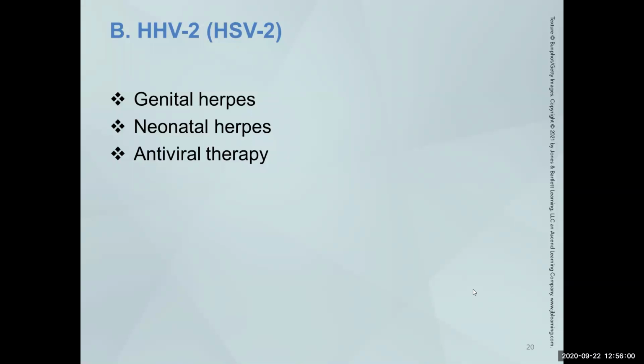Herpes simplex virus 2, that was herpes simplex virus 1. Herpes simplex virus 2 is more of the sexually transmitted genital herpes, neonatal herpes, and there is antiviral therapy for these. There's antiviral therapy for herpes simplex 1 as well.